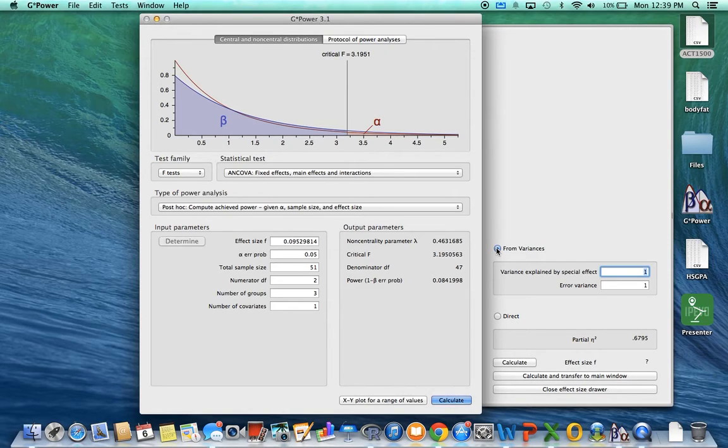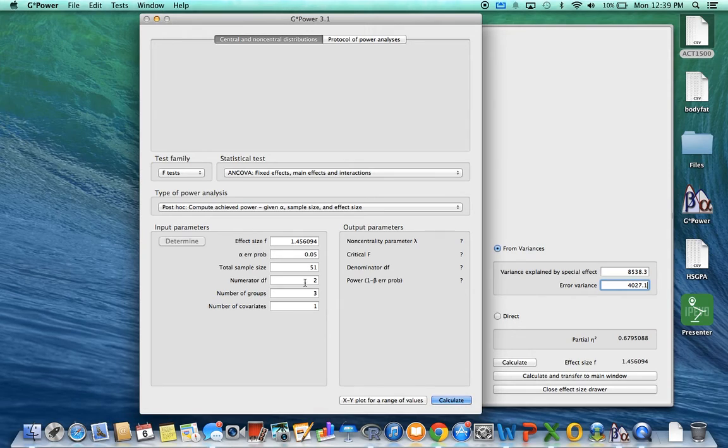Well, the variance from the special effect, this might be the best way to do it. For the covariate is 85.38.3, and the error variance is 27.1. Degrees of freedom, yeah. It's still going to give us a power of 1.